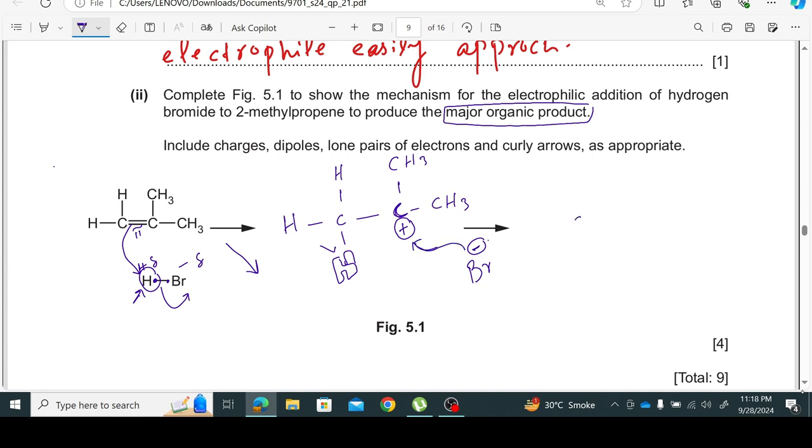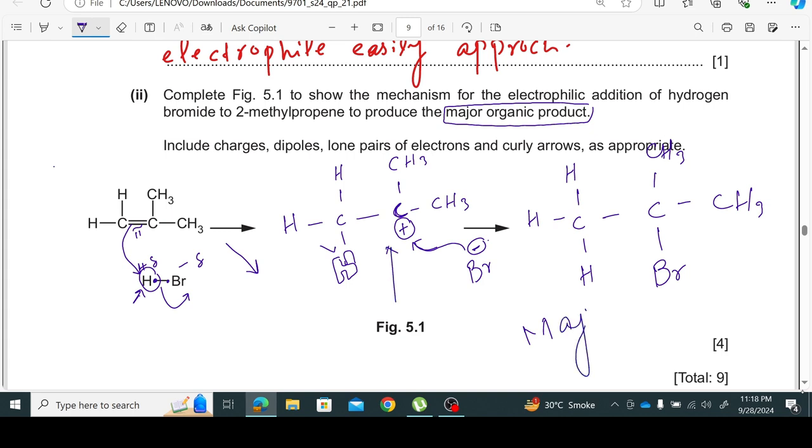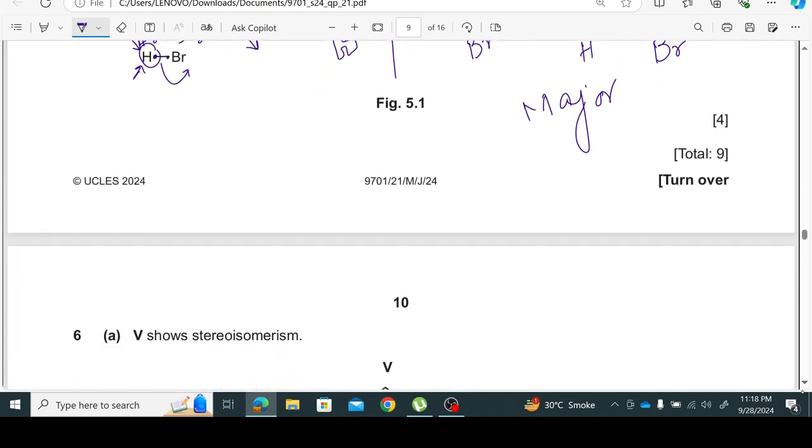You will get CH3 with this carbon and this bromine, CH3 and this CH3. So this is our major product because of this tertiary carbocation. Understand? It is an electrophilic addition reaction.